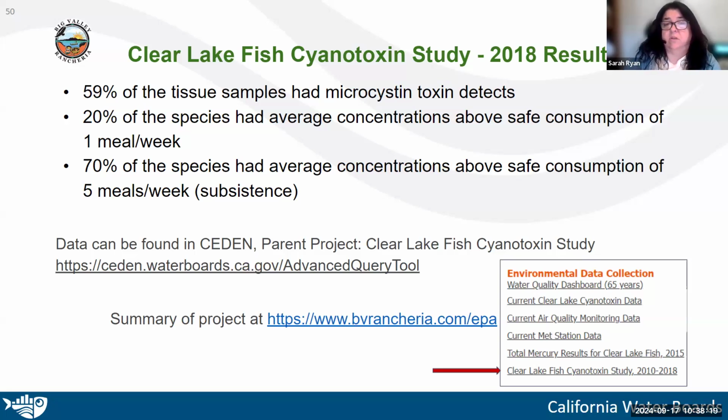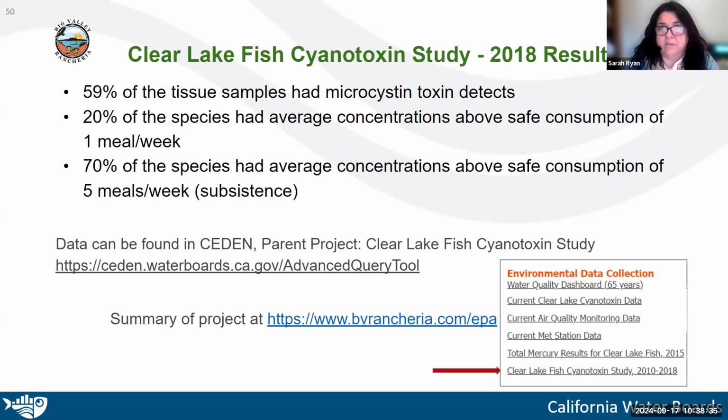For fish consumption, they set a level that if you eat 1 fish meal a week, then the concentrations of microcystin in the fish should not be any more than 10 nanograms per gram.